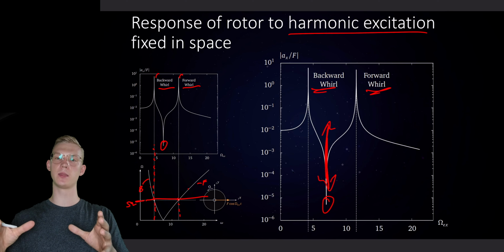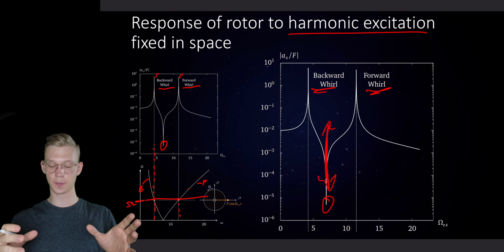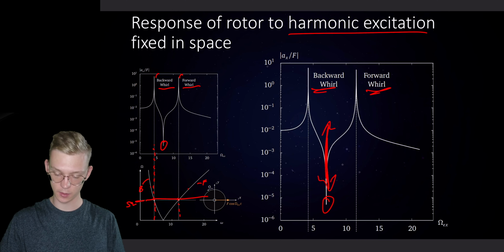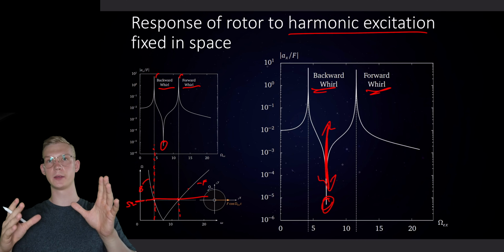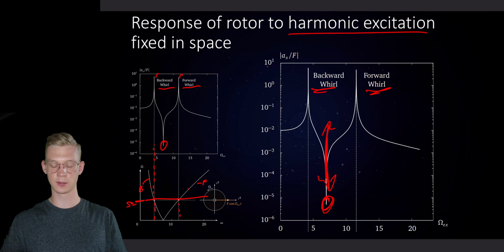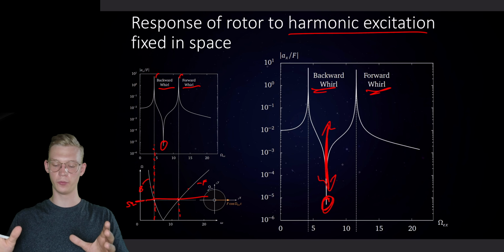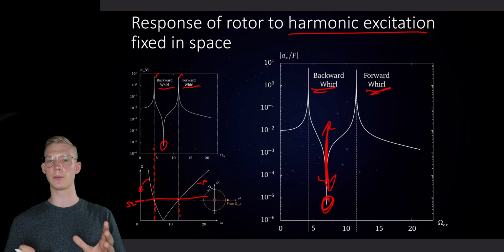So this is basically the same thing as when we had two degrees of freedom, and one degree of freedom stays constant while the other one takes all the movement. And this is exactly what is happening here.